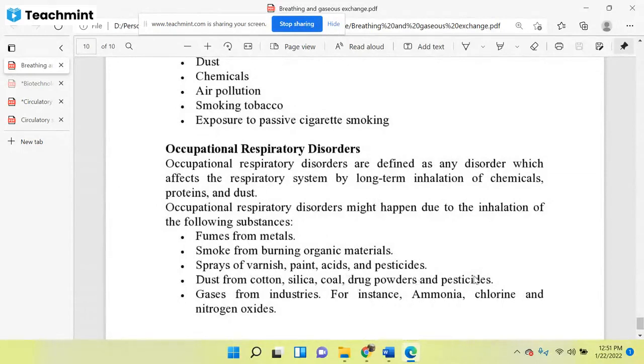All these chemicals, along with gases from industries, for instance ammonia, chloride, and nitrogen oxides. All these gases, fumes, smokes, and chemicals will cause some defect in our respiratory system, and ultimately it will be called, as a general term, occupational respiratory disorder.